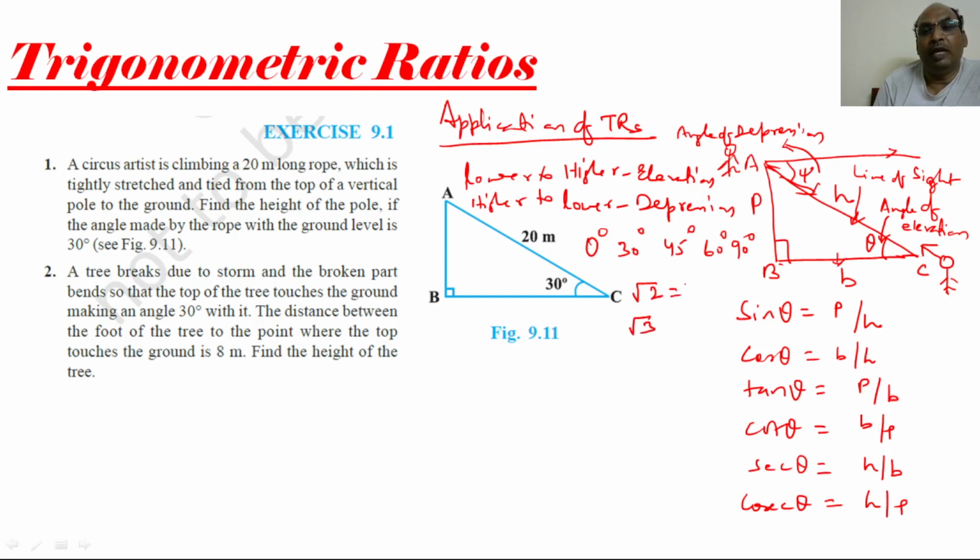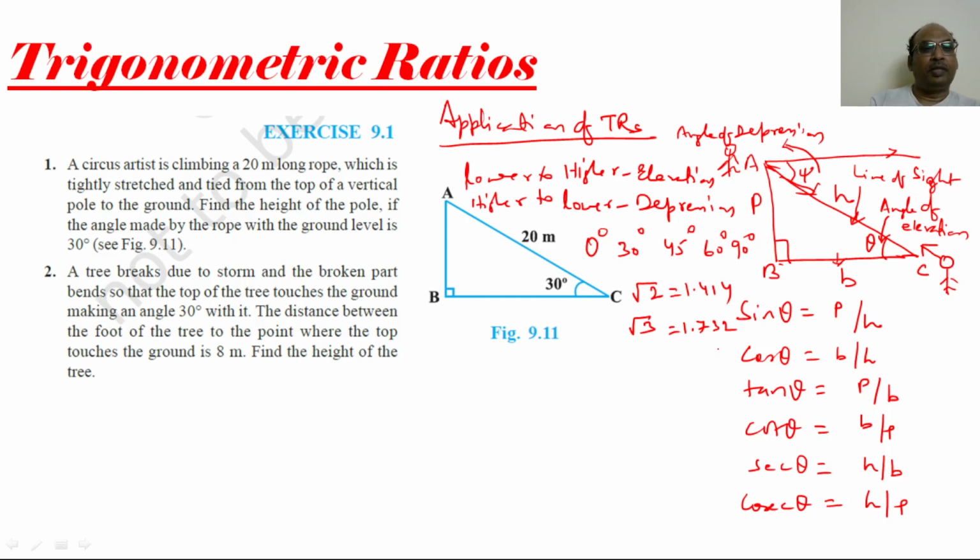Root 2 value is 1.414 and root 3 value is 1.732. So this also we need to remember. If we remember these things, then we can very well solve all the questions here. So how will we be solving? Let us start.